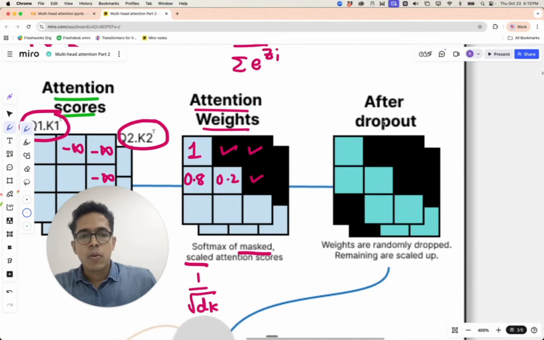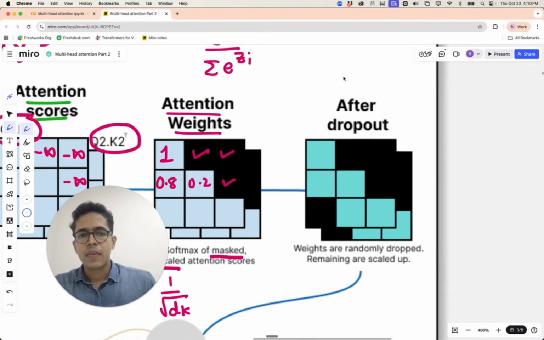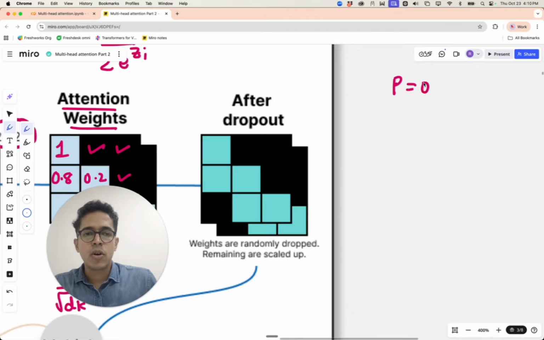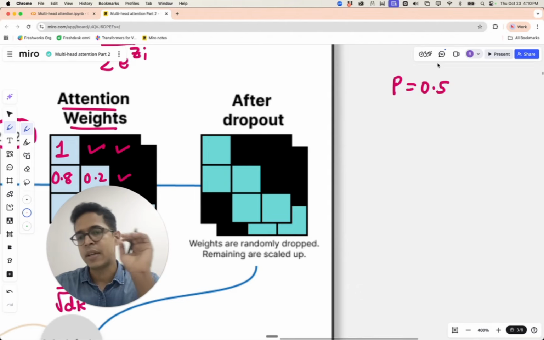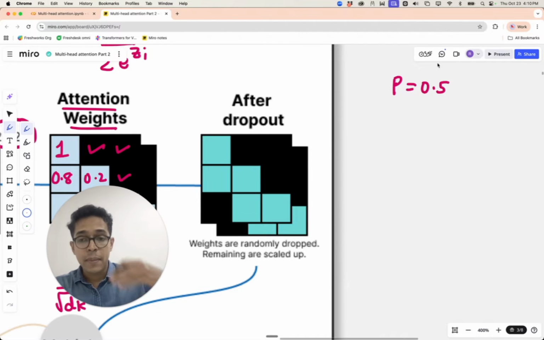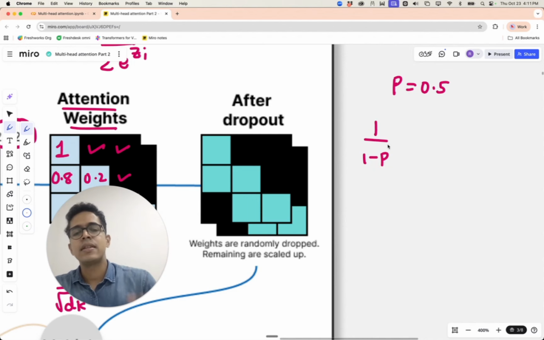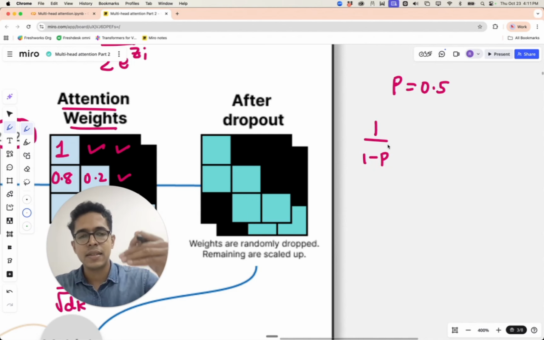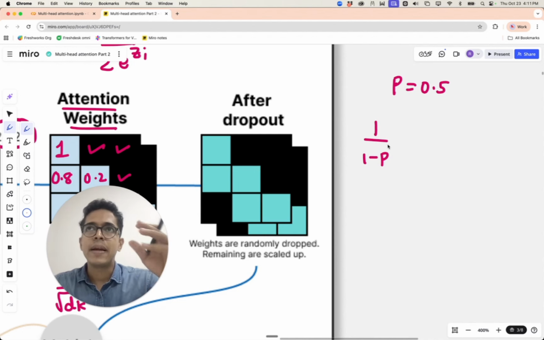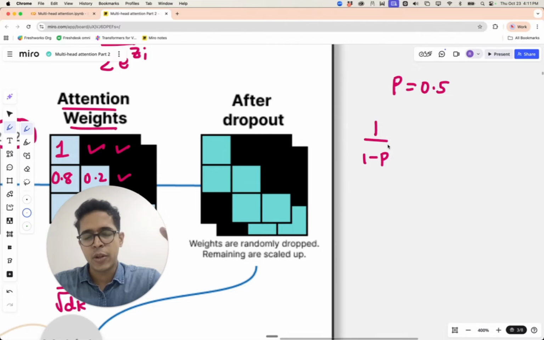Now you apply a dropout mask with a certain probability. So if probability P is equal to 0.5, randomly you will be masking half of the elements from your attention weights matrix. And the remaining elements, which are not masked, will be scaled up by a factor of 1 by 1 minus P. This we also discussed in the last lecture. The reason this scaling is done is that otherwise you are expecting similar magnitude output with on average half the number of parameters, which is not possible.